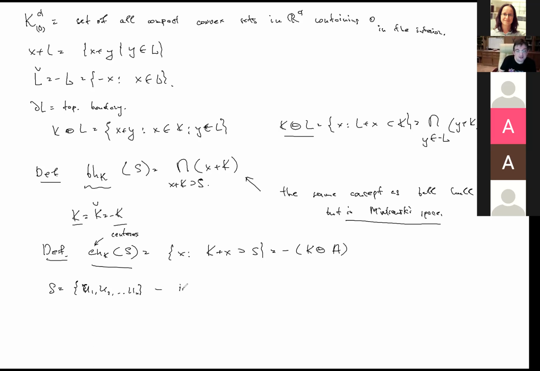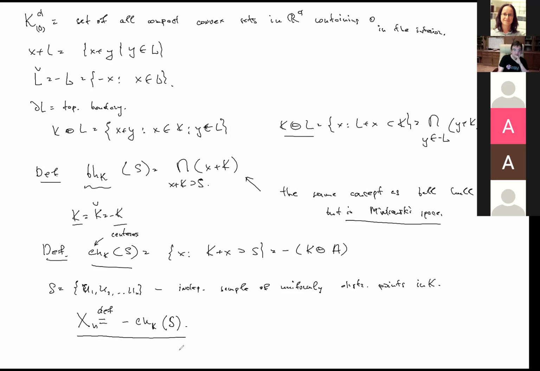This is an independent sample of uniformly distributed points in K. And let me define a random set Xn by definition as a minus set of centers with respect to K of this set S. So this is my Xn.